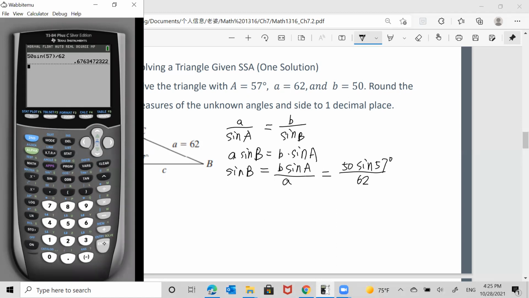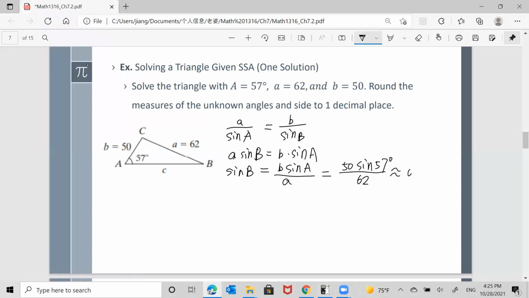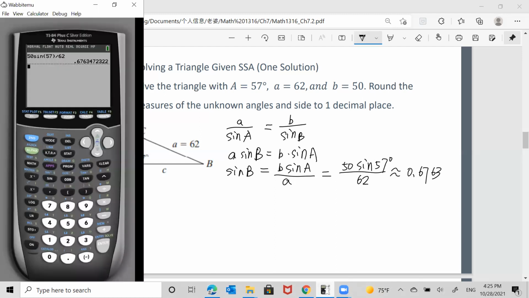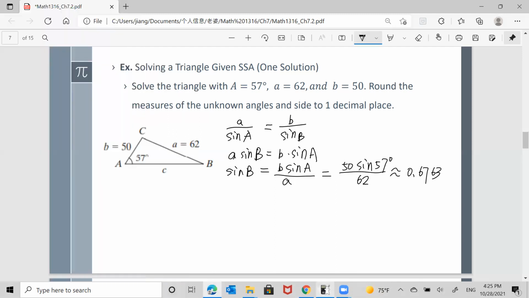Final answer, we keep 1 decimal place, but in our steps, we keep 4 decimals. So 0.6763. Yes. And then this is the sine B.